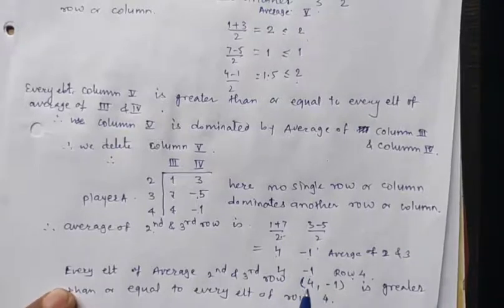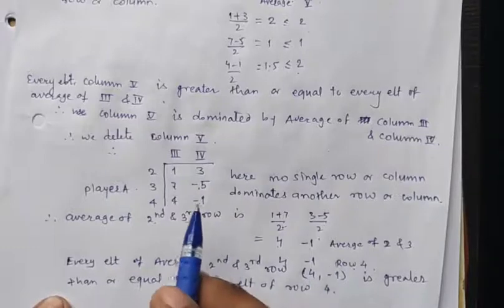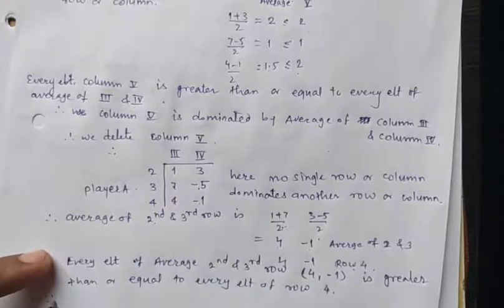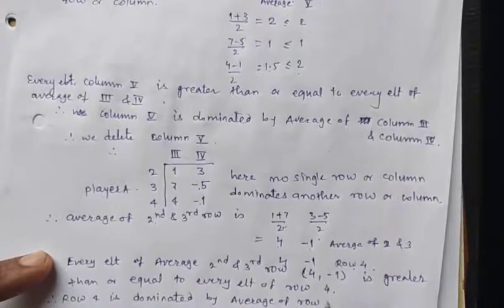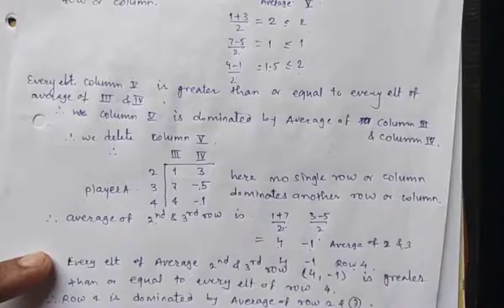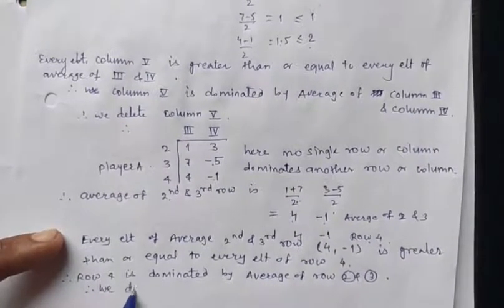Therefore row 4 is dominated by the average of rows 2 and 3. Therefore we delete row 4.